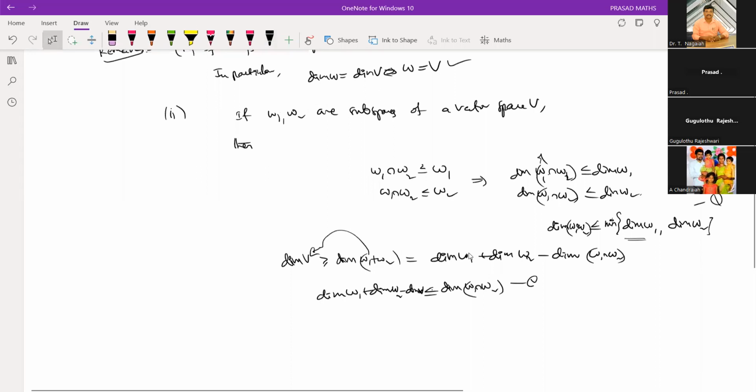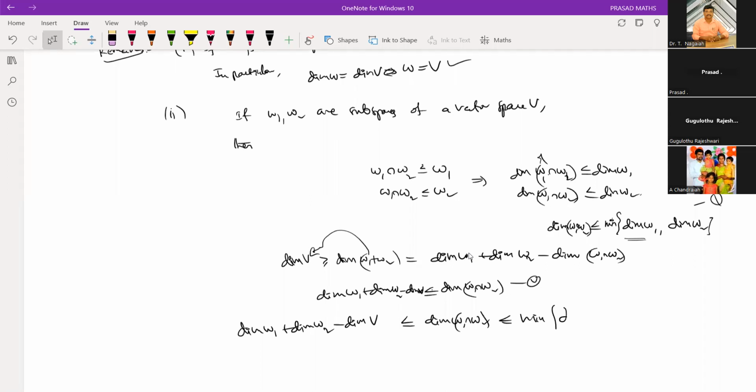Using 1 and 2, the dimension of W1 plus dimension of W2 minus dimension of V is always less than or equal to the dimension of W1 intersection W2, which is less than or equal to the minimum of the dimension of W1 and dimension of W2. This is very, very important. Suppose you are asked to find the upper bound for this, this is the bound. Suppose you are asked to compute the lower bound, the least value of this, you need to find this lower bound.